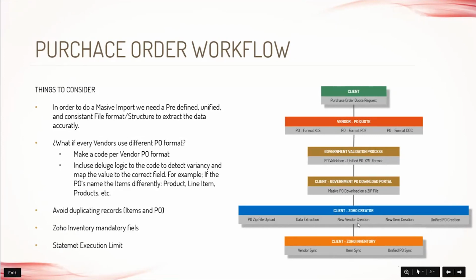We're going to create vendors, we're going to create the items, and then we're going to have a unified PO ready to import into inventory. So this is why we need Creator. This is why we need Deluge. So we can prepare and format the data so it can be uploaded to the predefined format and it can be mapped correctly. All right. And then we will have the vendor sync, item sync, and then we can talk about syncing the POs. All right.